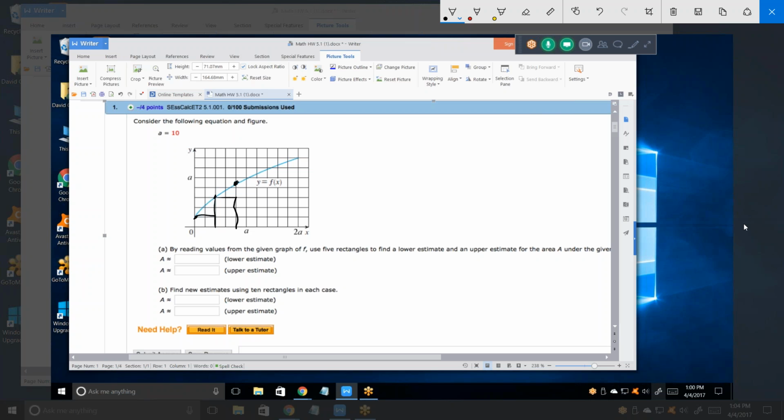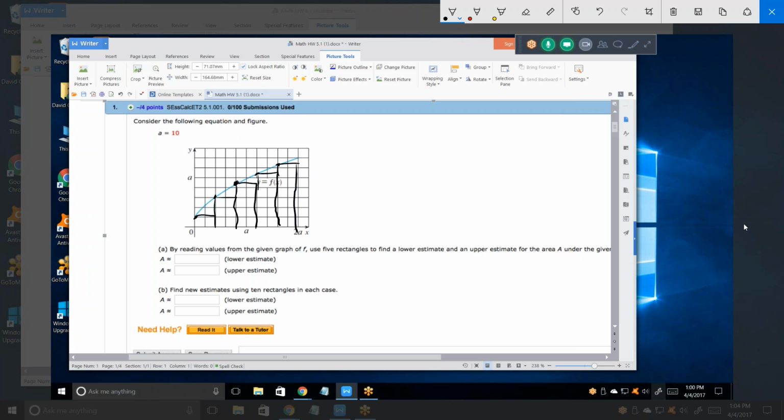Notice my third rectangle starts in the middle of a grid, but I still end up with a rectangle. And my fourth rectangle starts there, goes to there, and finally my 5th rectangle and last one is that.